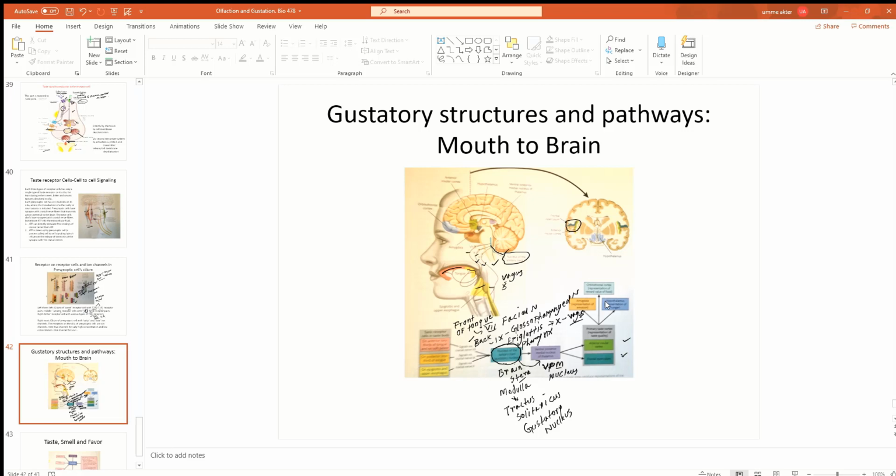This is the frontal operculum in the frontal lobe, and this one is the anterior insular cortex. So from the thalamus, the signal will go to these two structures of the brain.